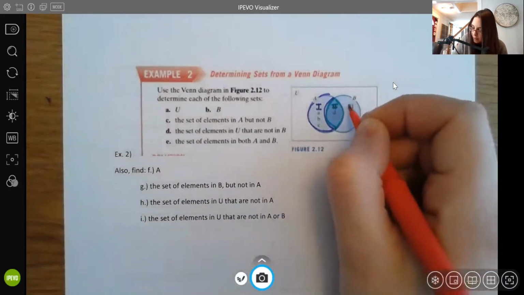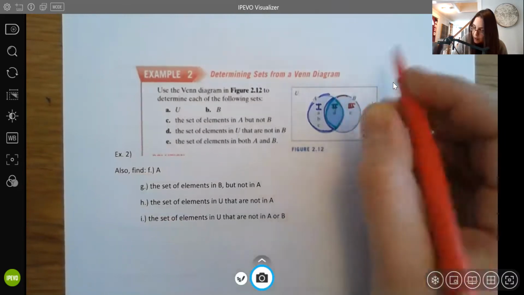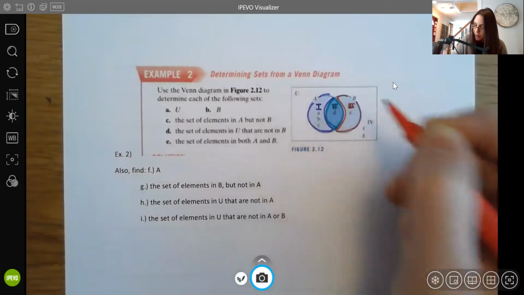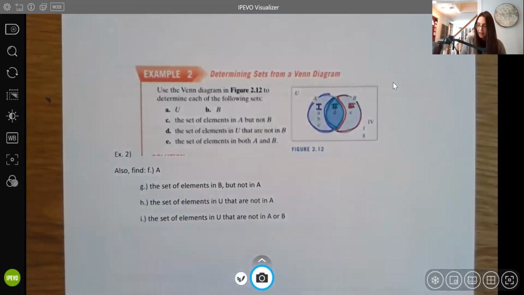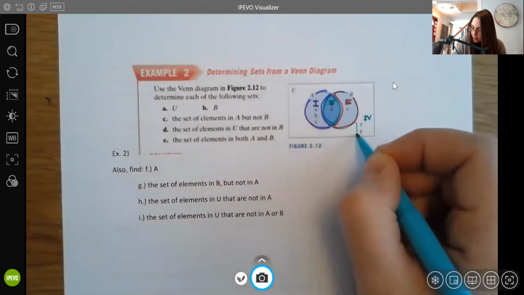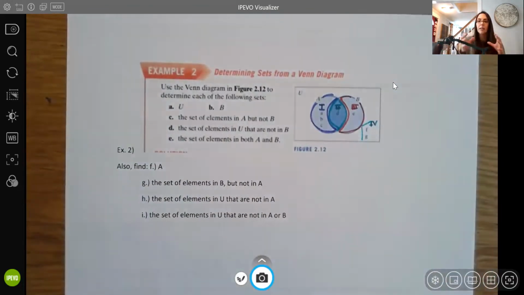You have another group here, so I shouldn't say set, I should say group, labeled 3. So we're just talking about different parts of the Venn diagram. And then you have the 4th region down here, which is everything that's not in one of the sets A or B, right?